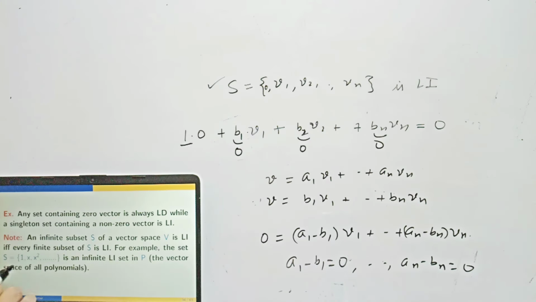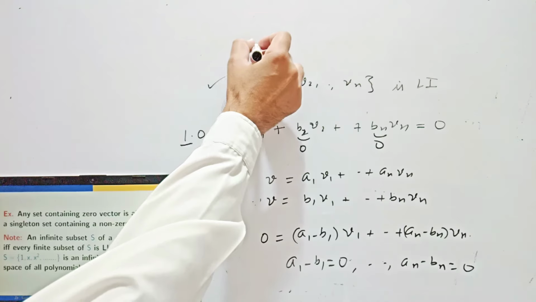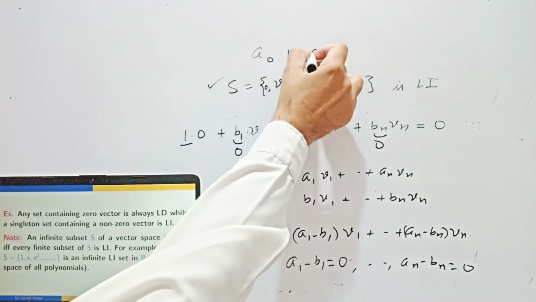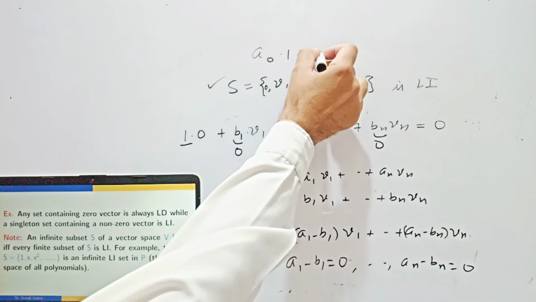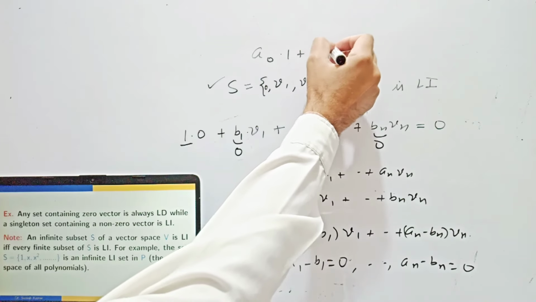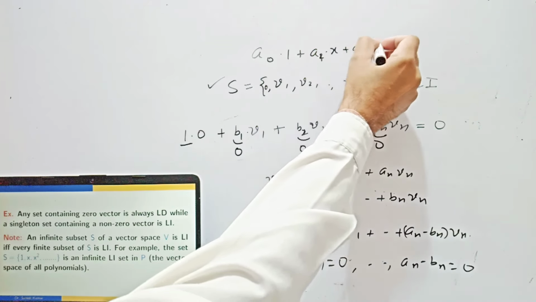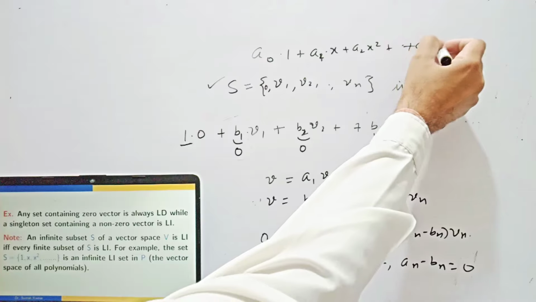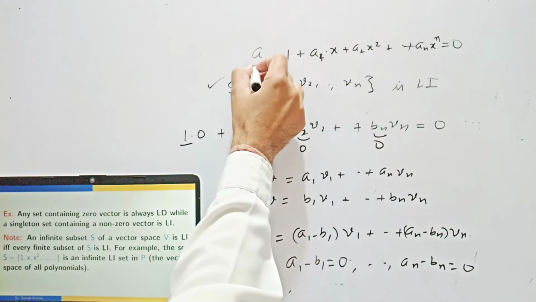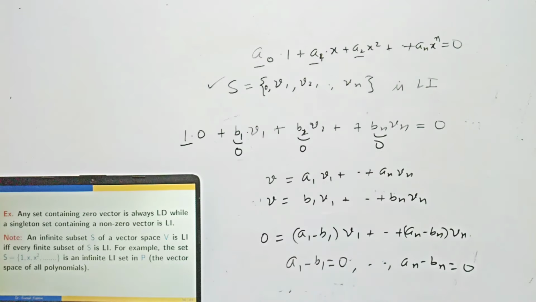So the set S equal to 1, x, x square and so on is an infinite linearly independent set in P, because whatever finite linear combination you consider, say a0 into 1 plus a1 into x plus a2 into x square and so on, an x power n, this can be 0 only when all these coefficients are 0.